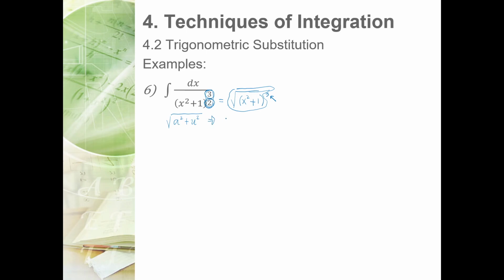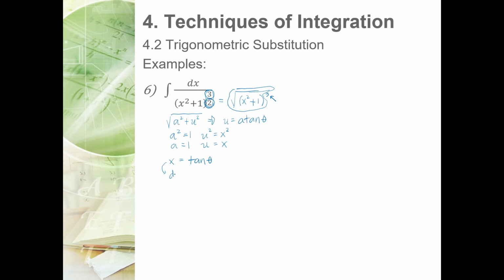And then the formula is just u equals a tangent theta. So a squared is 1, u squared is x squared. So a is equal to 1, and u is equal to x. So the formula is x equals tangent theta.